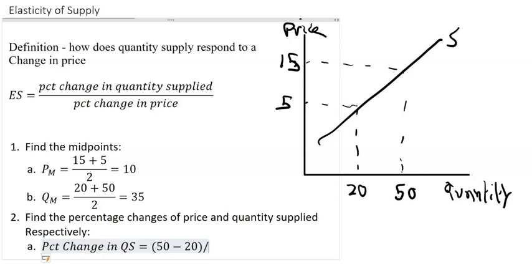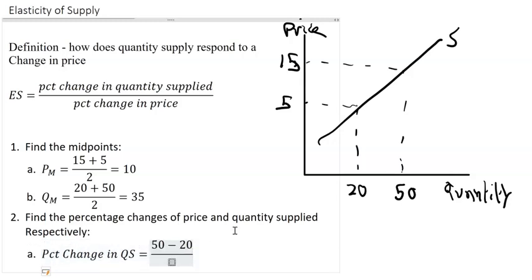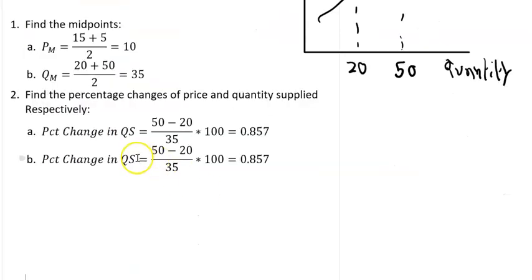So the negative signs will cancel out each other, and if both are positive, then the elasticity will be positive. So 50 minus 20 divided by 35, which is the midpoint, times 100, which is equal to 0.857. And then the percentage change in price is going to be 15 minus 5 divided by 10 times 100, which comes out to be 100%. Actually, this should be 85.7%.